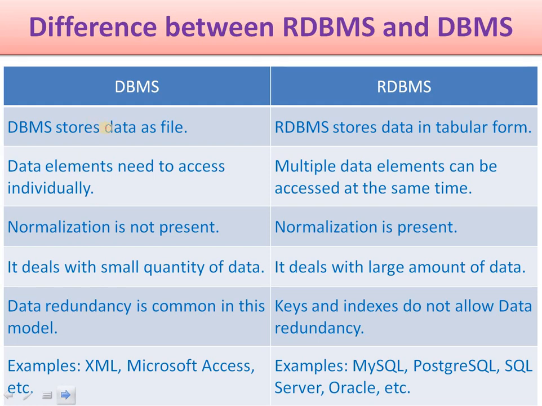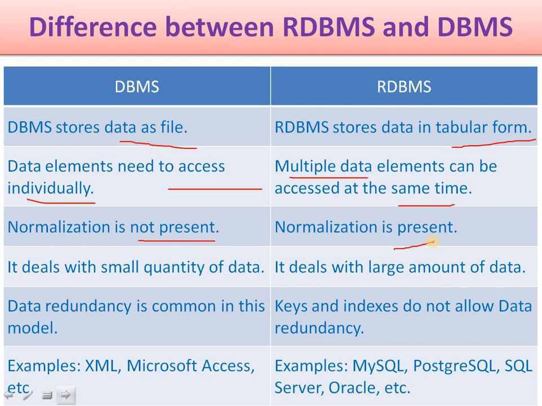First of all, DBMS stores data as a file and RDBMS stores it in tabular form. Data elements need to be accessed individually in DBMS, and multiple data elements can be accessed at the same time in a relational database management system. Normalization is not present in DBMS, but in RDBMS normalization is present.